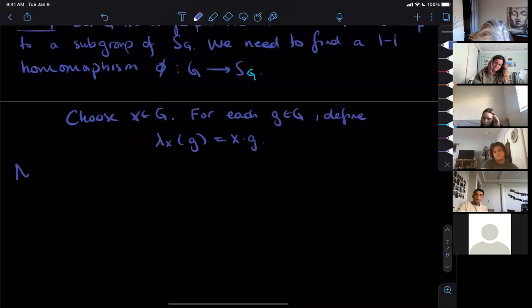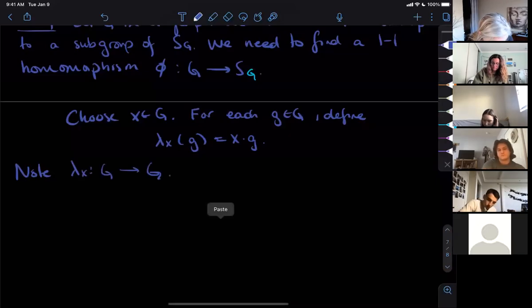Note that that means lambda X is a map from G to G. By your homework or by your exercise, this is one-to-one and onto.